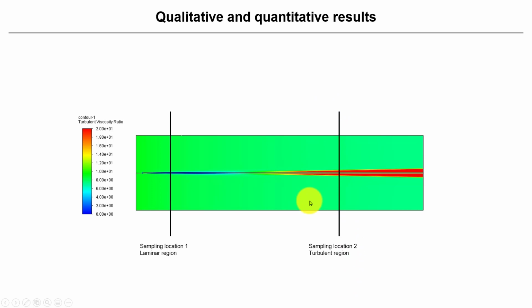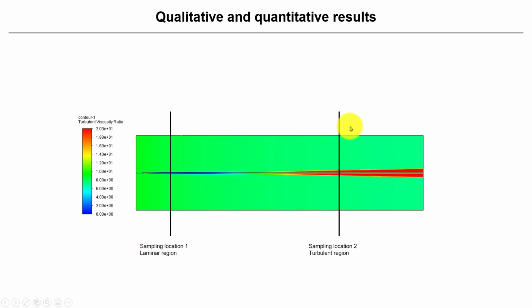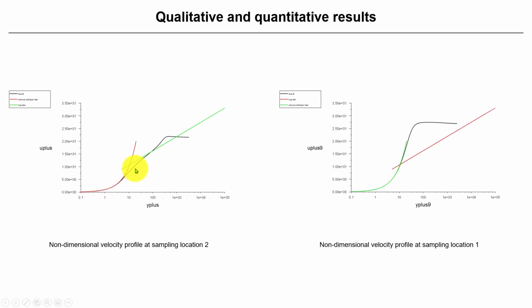We're going to see the normalized velocity profile that I hope we are very used to at this point. If we plot sample location 2, here in the turbulent region, we have this blending. We go from laminar, then we have the buffer layer, and then it blends toward the turbulent region, the log region.